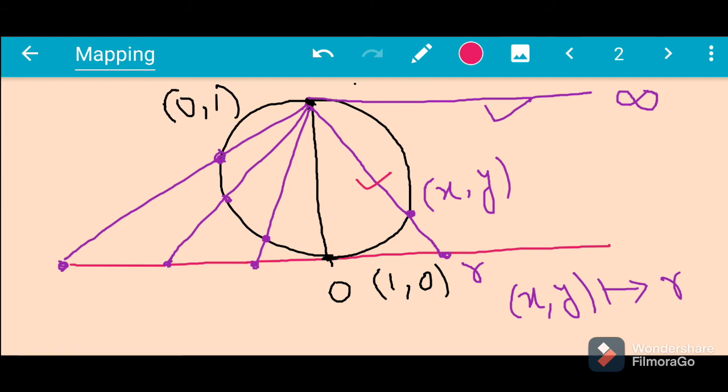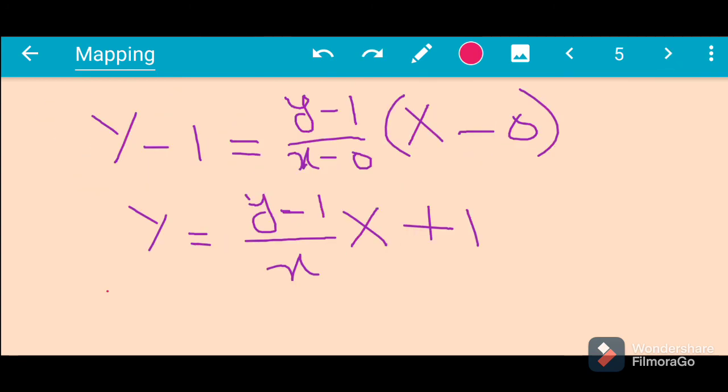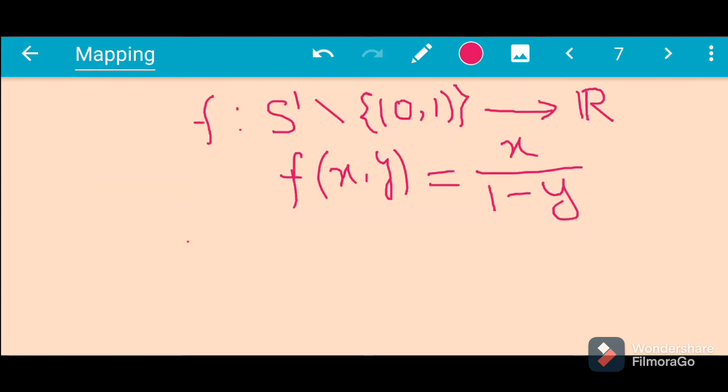So we have two different functions. I have defined f, you can define g, and then we can find g of f and f of g to show that these two functions are invertible. This is the function f. We can define the function g from r to the circle minus the point. This video will be too long, it's already 13 minutes, so I cannot prove it in this video.